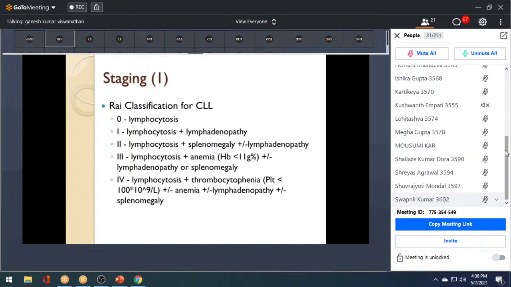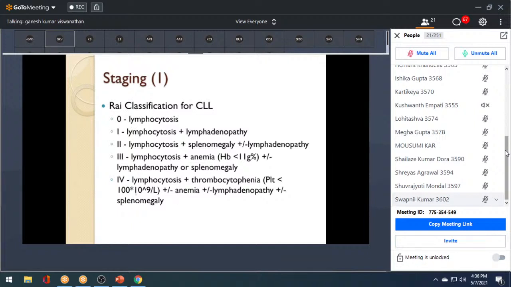Typically for CLL, we use two types of classifications. One is the Rai classification and the other is the Binet classification. It's a very simple clinical classification, which takes just blood counts and organomegaly into account. When you do staging, it helps you understand the prognosis of the disease. In Rai, there are 5 stages, 0 to 4.